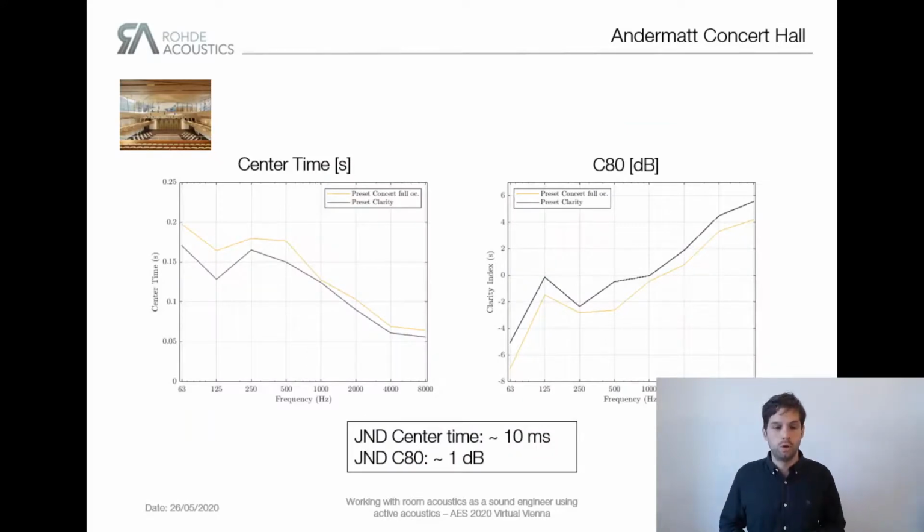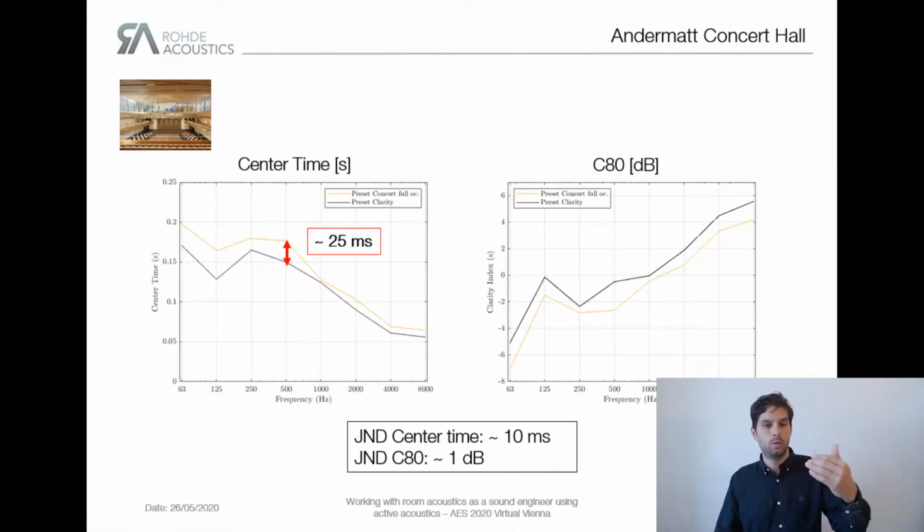Here I want to show you some numbers, some measurements also. So you see on the left side this measurement of center time and the clarity to the right. These measurements were taken with two presets providing the same reverberation time, but it can be shown that we can tune, again, within certain limits, the center time, for example, or the clarity to be different.